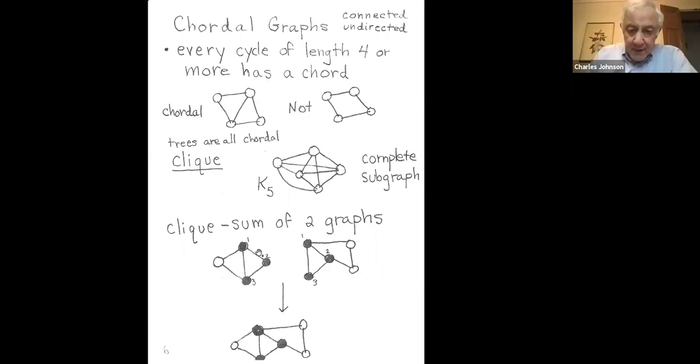Suppose I have 2 graphs and each has a clique of a given size, say a clique of size 3. If I simply identify the vertices of those cliques in any way you like, I get a new graph with fewer than the union of the vertices because I've identified the black vertices, and the new graph is called a clique sum of the 2 prior graphs, okay?